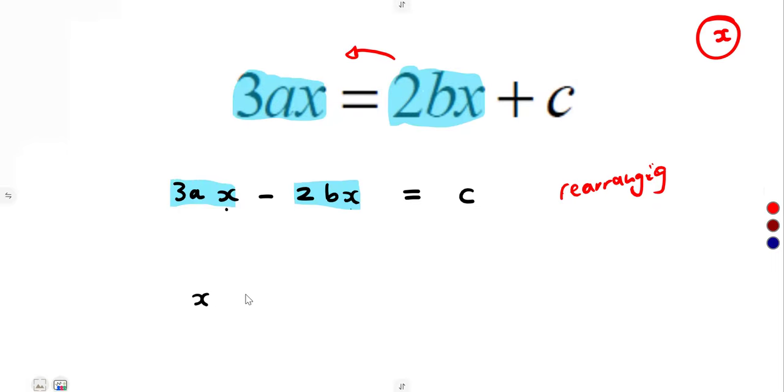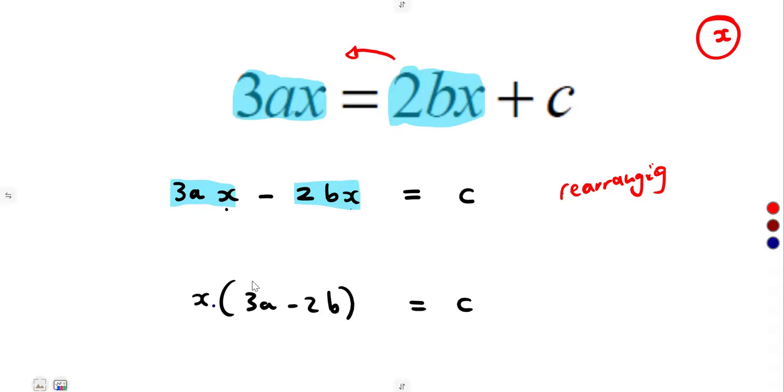So the moment I factor out that x, what am I remaining with? If you take out x, you remain with 3a. If you take out x here, you remain with minus 2b. So that's it. This is equal to c. X times this bracket. Remember, I want to make x the subject. So the moment you take it out, it is now single, on its own.